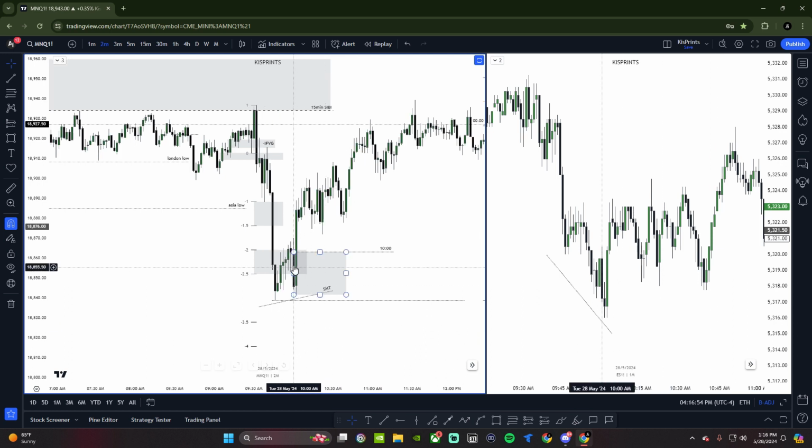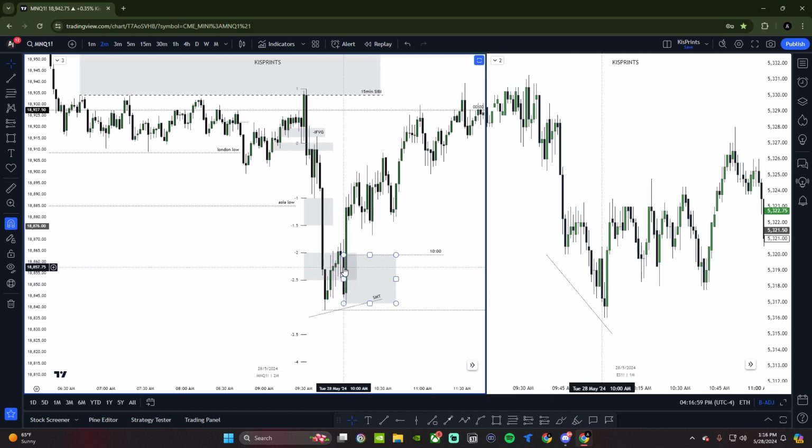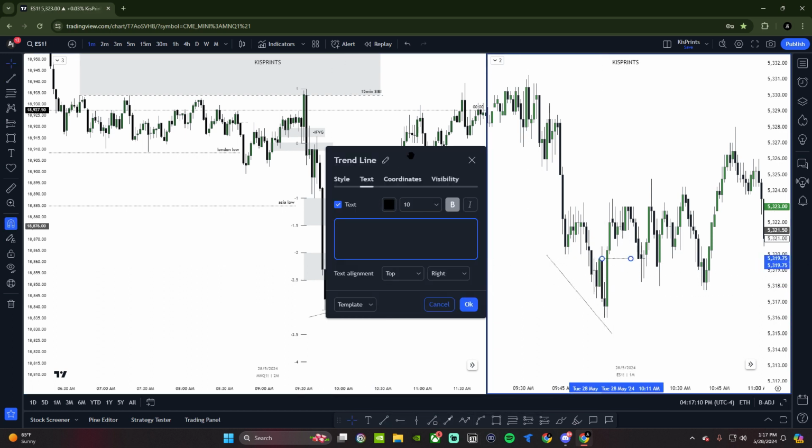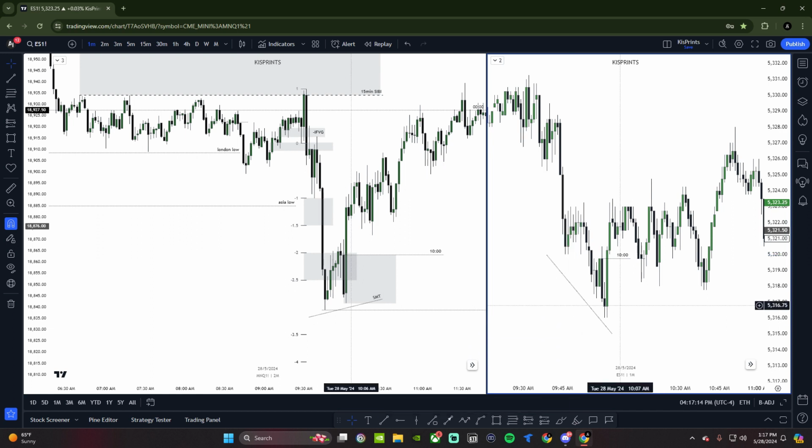With this in mind, 10 a.m. opens and does what? Immediately displaces lower, right? So 10 a.m. was this black candle right here. At the same time, you should be watching ES. If I take that same exact 10 a.m. candle on ES, it's going to be right here. We immediately displace lower on ES.